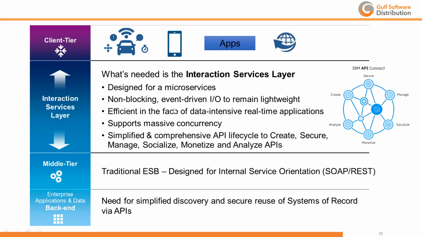Traditionally, how it used to happen was a Clear Trip or a Make My Trip had to go to Emirates.com and request Emirates to open their services to Clear Trip, and Emirates should make some changes within the traditional ESB layer to expose their services to Clear Trip, and they should have a way to monetize or monitor the number of requests being made from Clear Trip or Make My Trip or whatever it may be. Going forward, this is not the case.